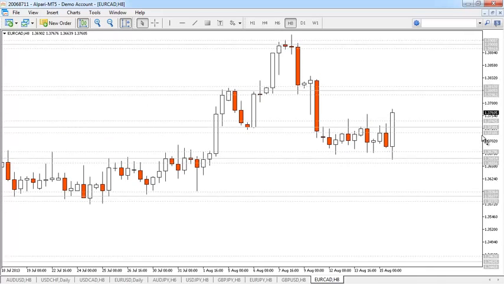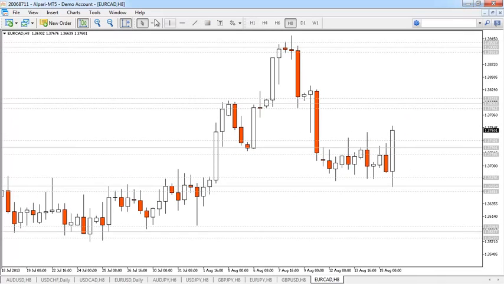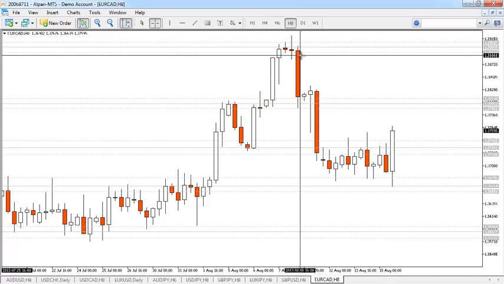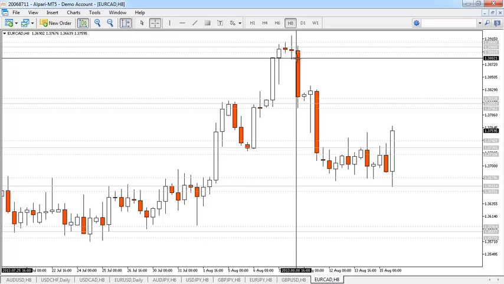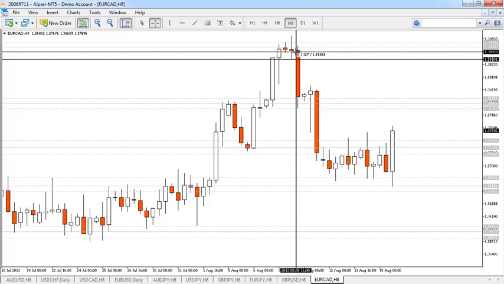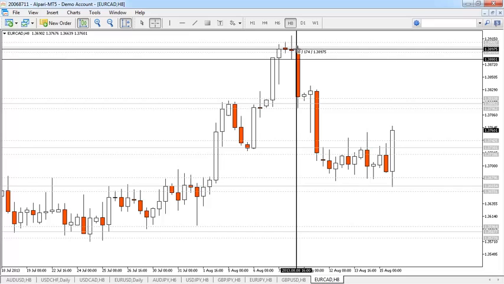Let's zoom in. So this trade was entered on this candle here as it came down to the low, and it retraced up to around about here.